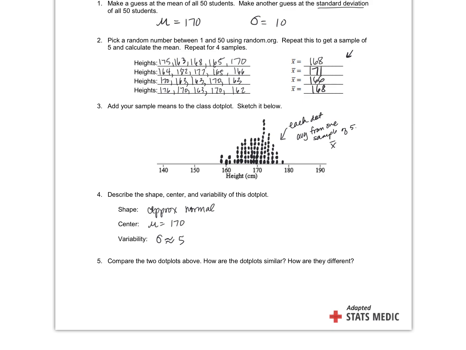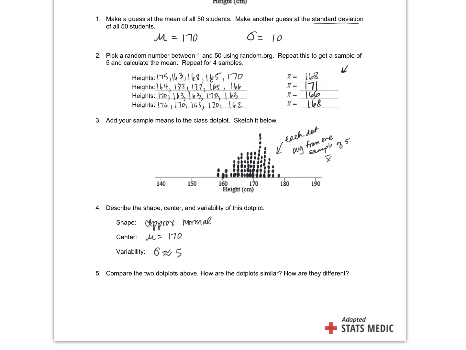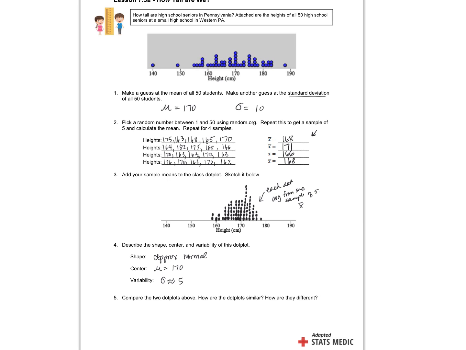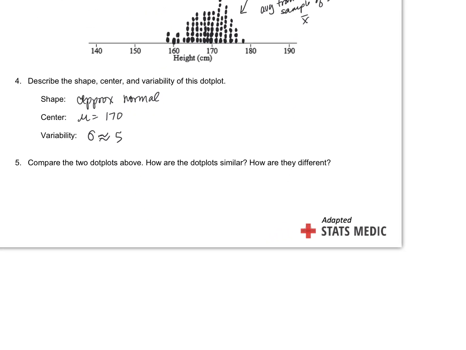Now, compare the 2 dot plots. How are they similar? How are they different? Okay, we said up here, the first dot plot, this one is individuals, right? Okay, number 1 is individuals. Number 2 are samples.